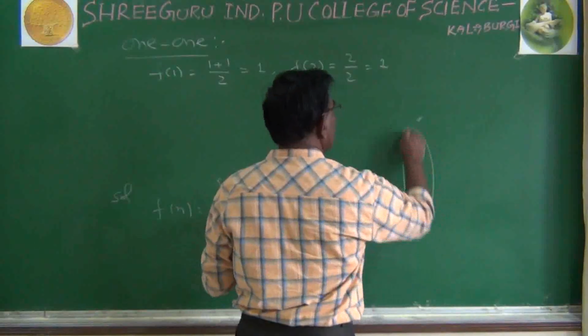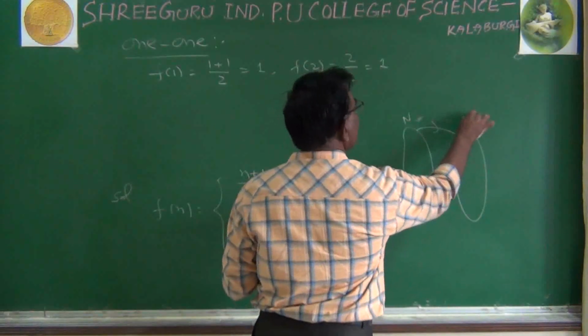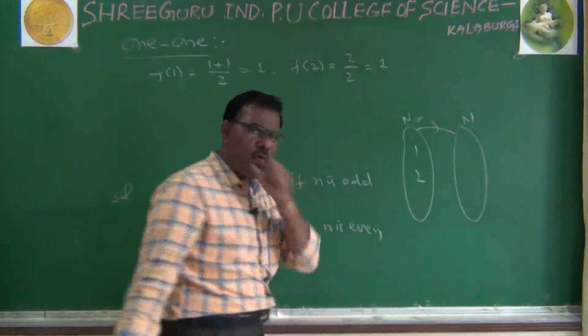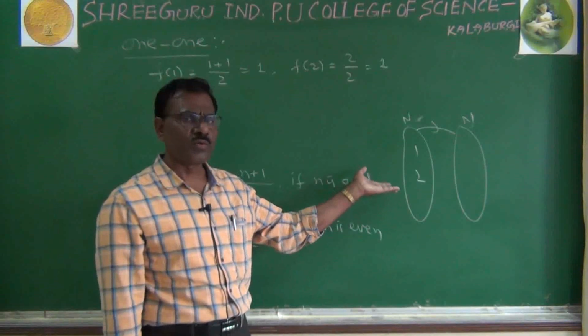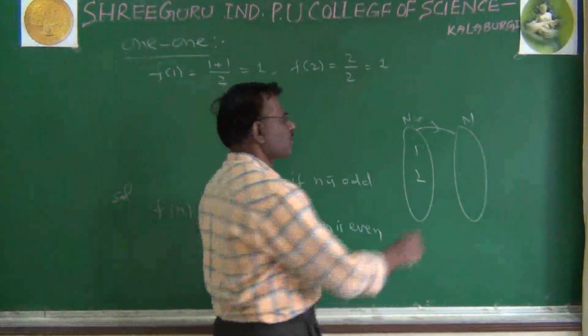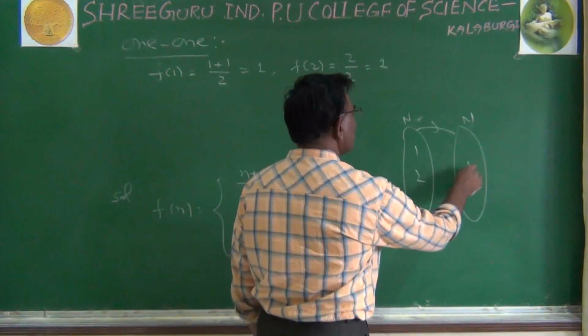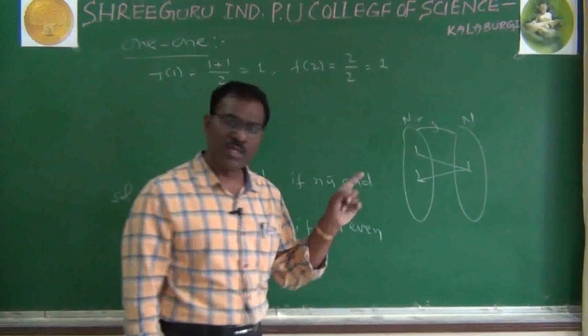In this mapping f from N to N, you are taking 1 and 2 in the domain. 1 is odd, 2 is even. So what we get? This answer is 1 only. You are taking 1, and 2 also gives 1. You tell me whether it is one-one.